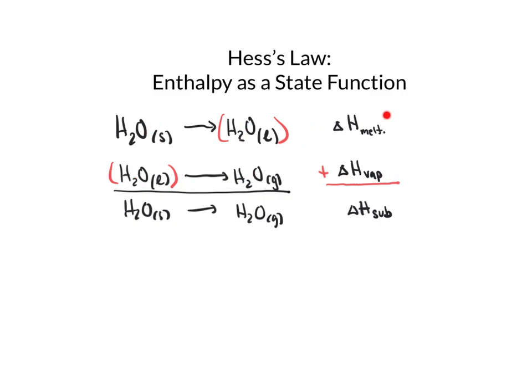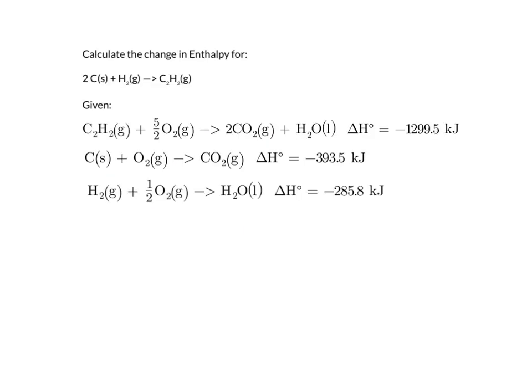So adding up the 2 steps has to equal the amount of energy for the overall process. This works with any chemical or physical change. If you do it in multiple steps, the net result is always the sum of the amount of energy needed for the steps. Let's do an example to see how this might work.